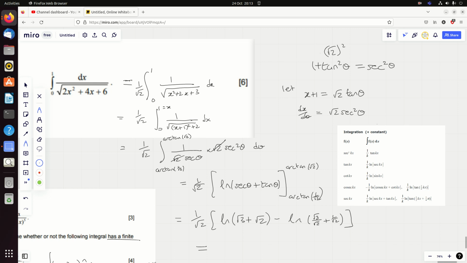I'm just checking it right now. Minus ln of, there I go, tapping on my calculator. 3 divided by 2 plus root 1 divided by 2. Okay, it's not come out right. Oh, it's because I called it 0.5 rather than 1 over root 2.